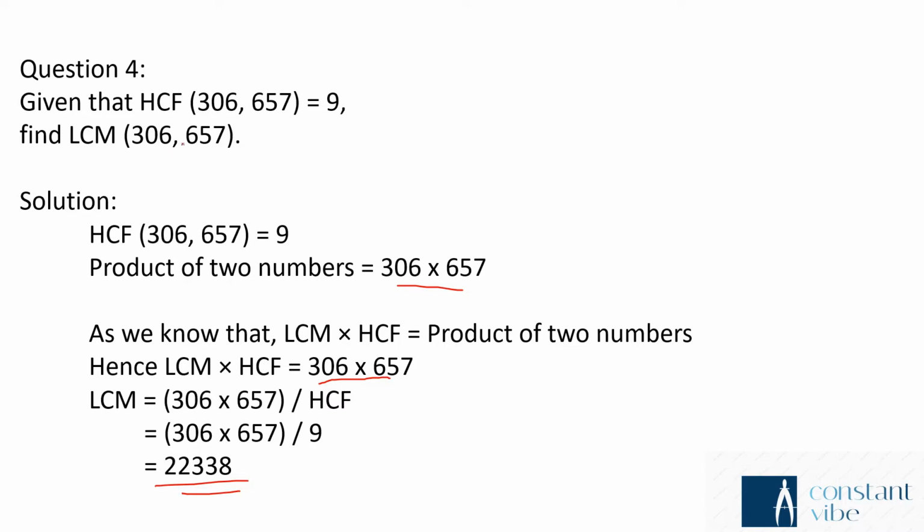If we multiply the LCM and HCF of two numbers, you will get a number. That number will be the product of these two numbers. Then if any one of the numbers is not available, you can find the other one.